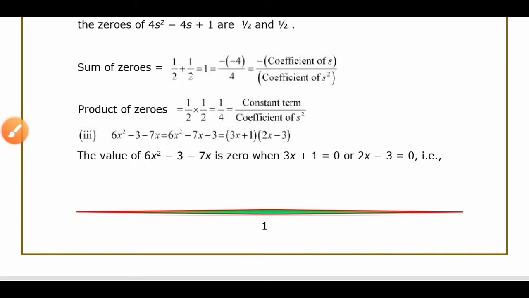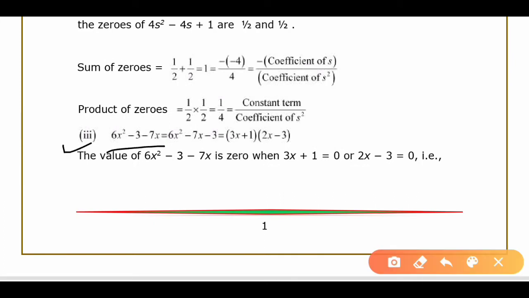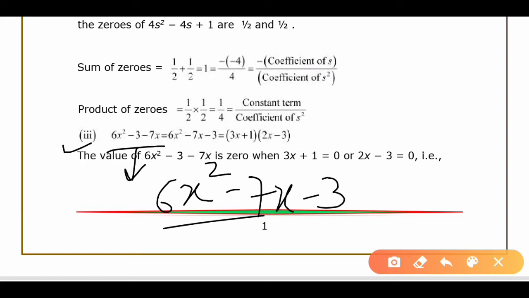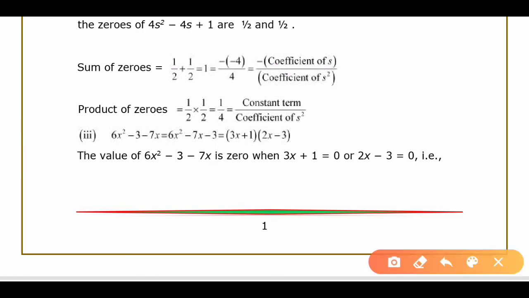Now the next equation is 6x square minus 3 minus 7x. First of all we'll rearrange this equation and write it as 6x square minus 7x minus 3. Now we'll find the factors. You can see the factors of this equation will be 3x plus 1 into 2x minus 3.